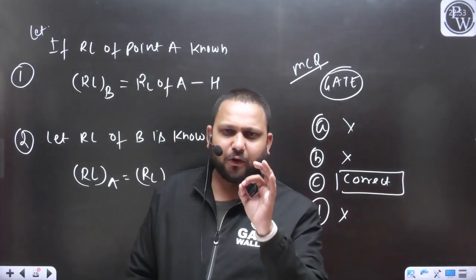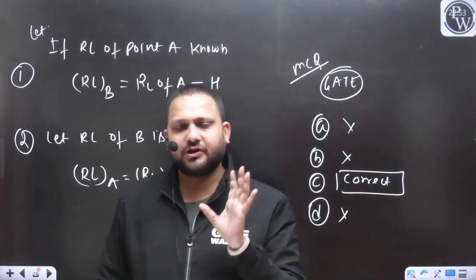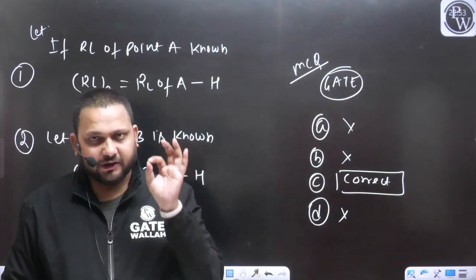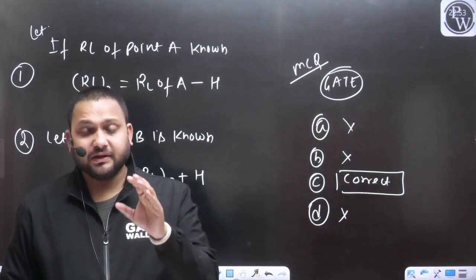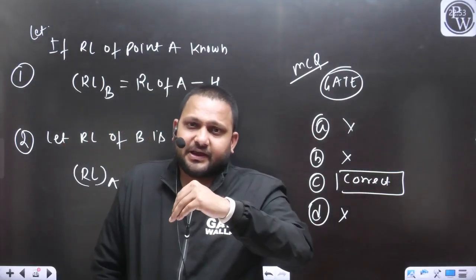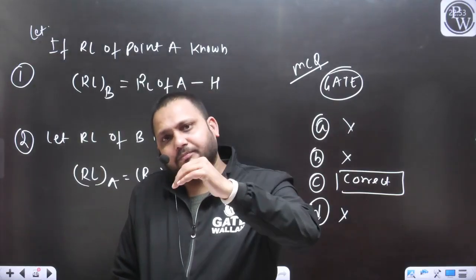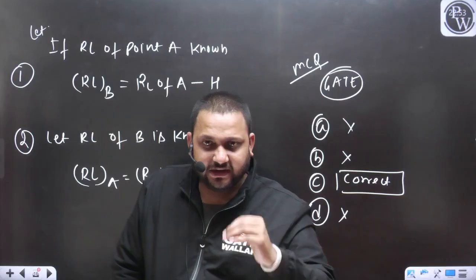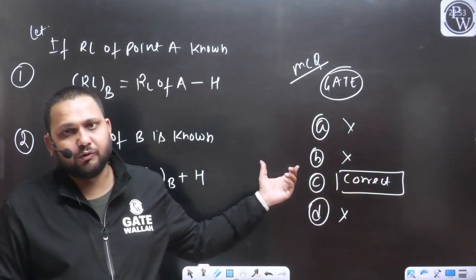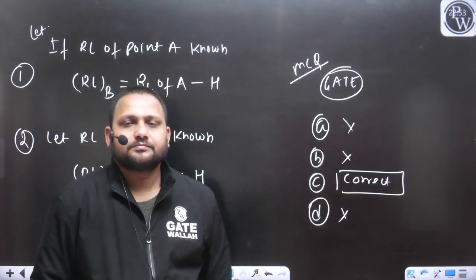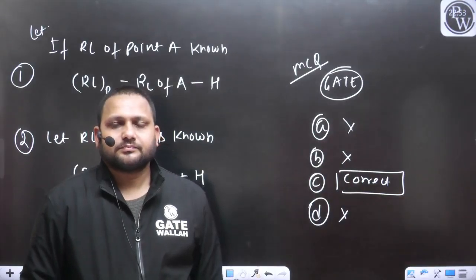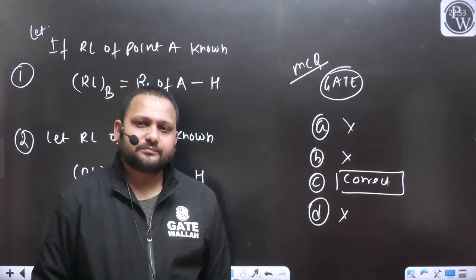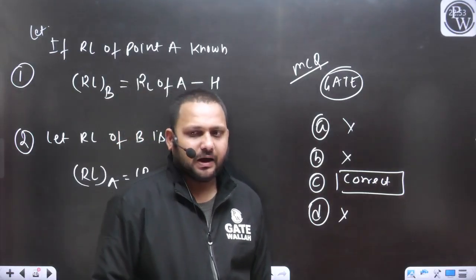Whatever possible mistakes you can commit in the question, they will consider that mistake, and based on that mistake, they will find the incorrect answer and provide it to you as an option. Are you getting this point?